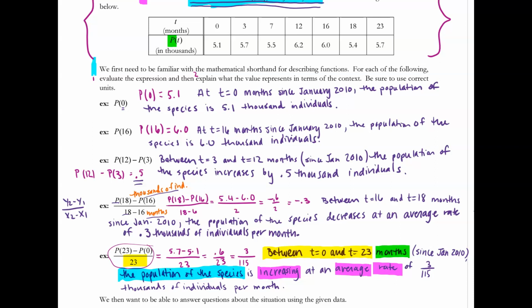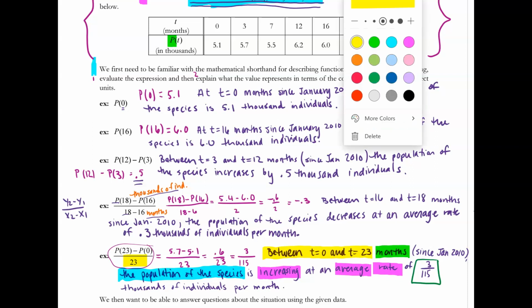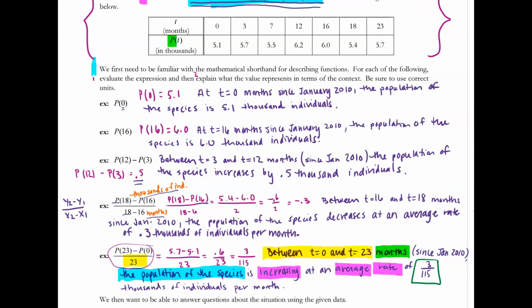We've got to include the actual value that we're trying to put into context, so the 3/115 or however you express that. And then lastly, we need the units on that final 3/115. So just like before, the units are going to be thousands of individuals per month. And anytime we're working with a rate, it's got to be something per something.